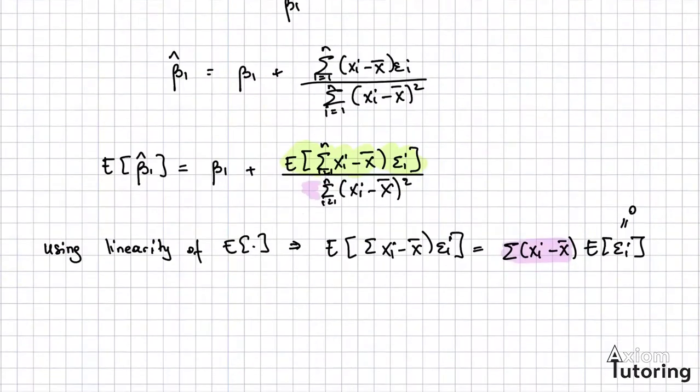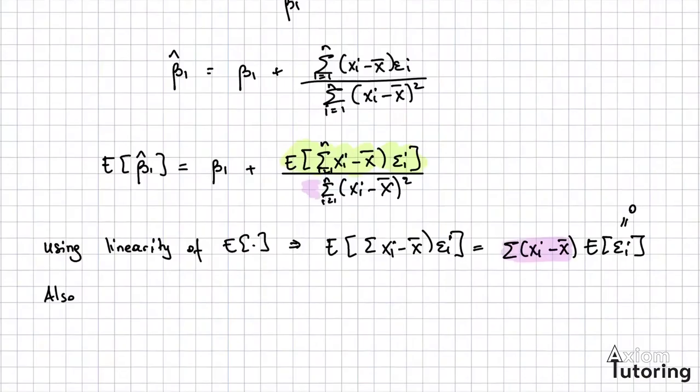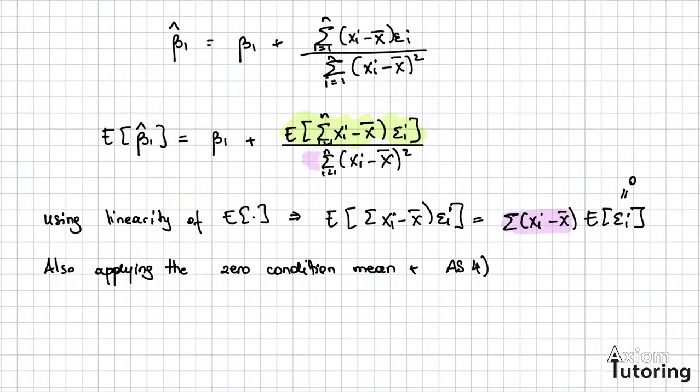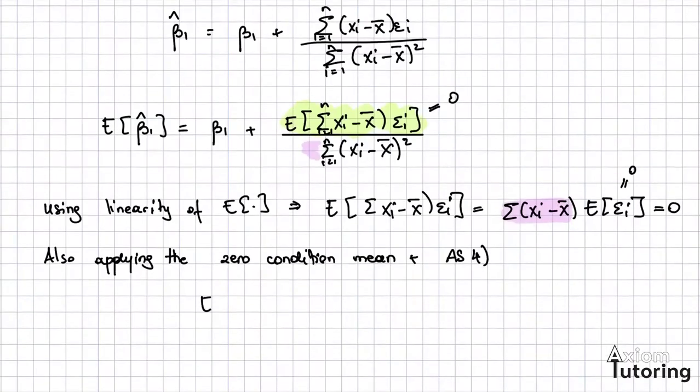Applying the zero conditional mean plus the random sampling, we have that the entire expression here is going to be 0, which means that ultimately the expectation of beta 1 hat is equal to beta 1.